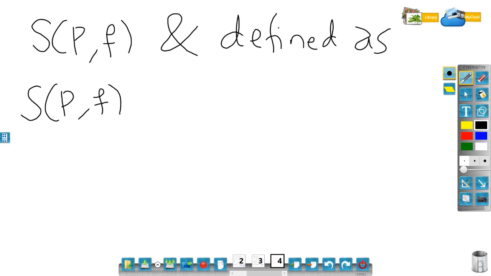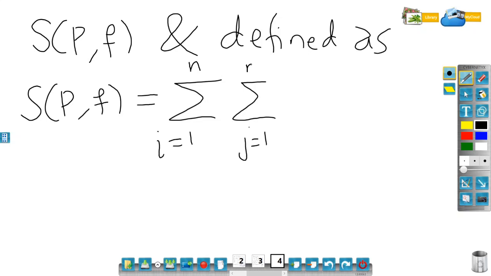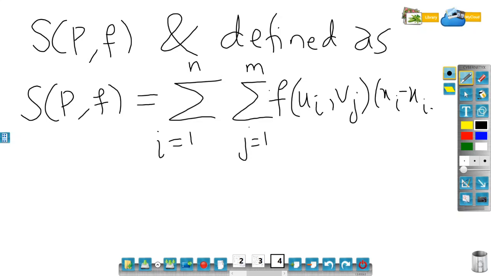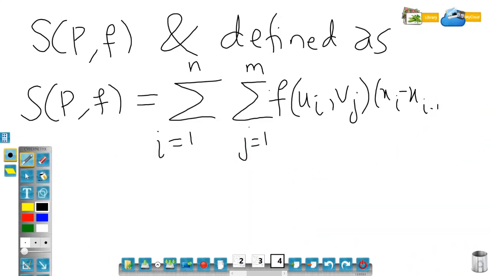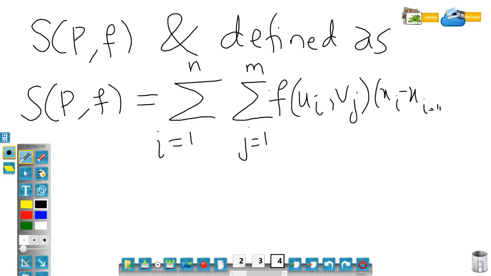S(P, f) equals the summation, there were two summations, i goes from 1 to n, j goes from 1 to m, of f at (u_i, v_j) times (x_i minus x_{i-1}) times (y_j minus y_{j-1}).